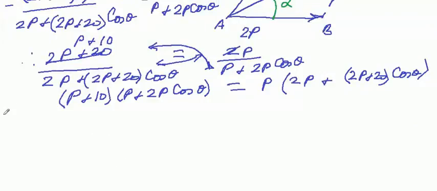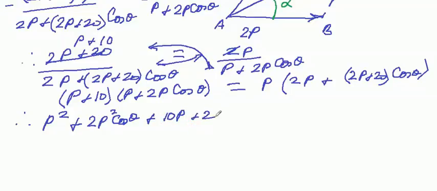Therefore P square plus 2P square cos theta plus 10P plus 20P cos theta, correct.